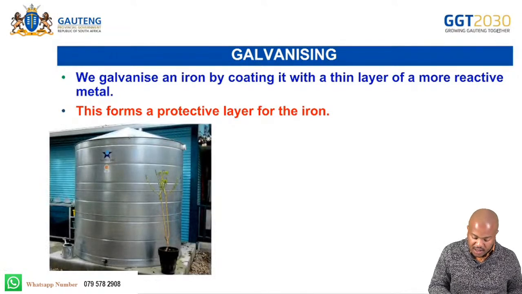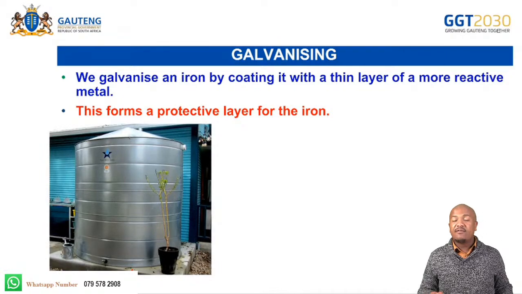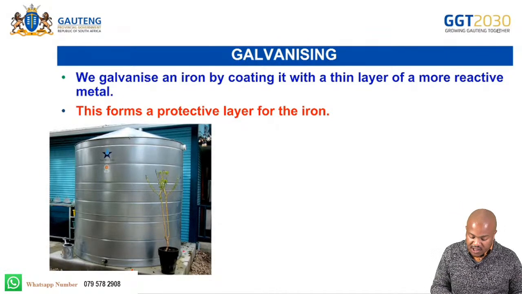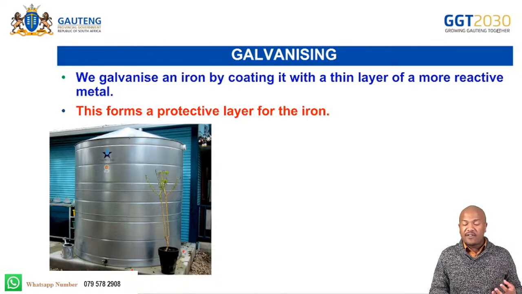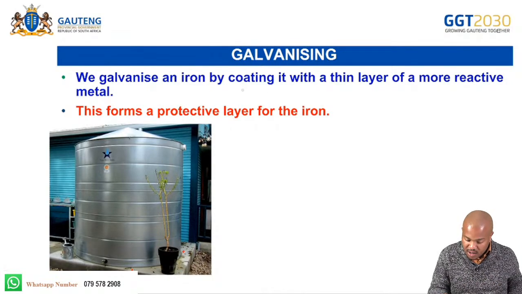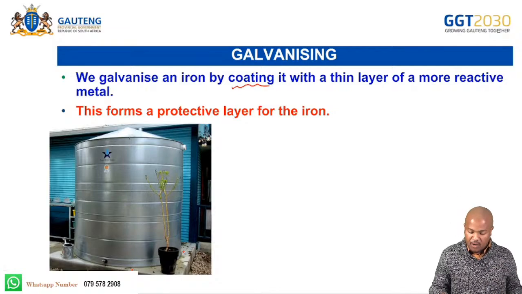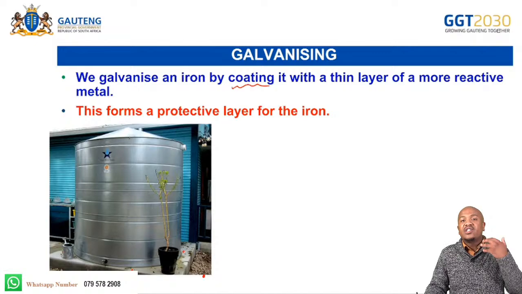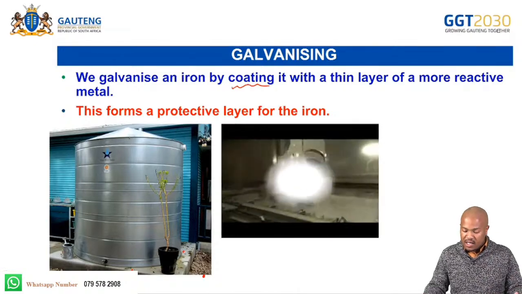So when looking at this tank, which is filled with water, it has been galvanized to prevent it from rusting, so that the oxygen and the water first react with the thin layer of another metal, of a more reactive metal, so that it does not get to the iron itself.